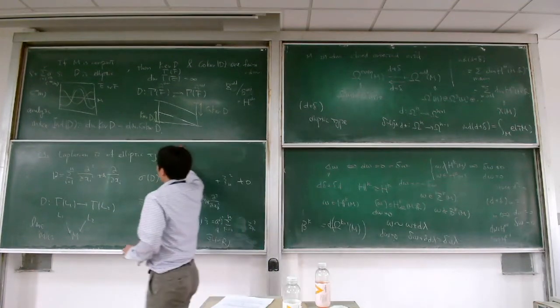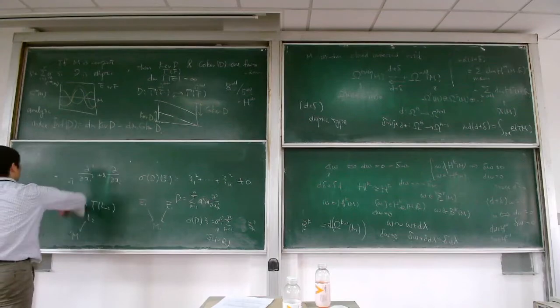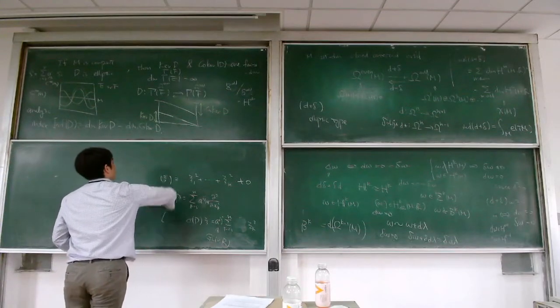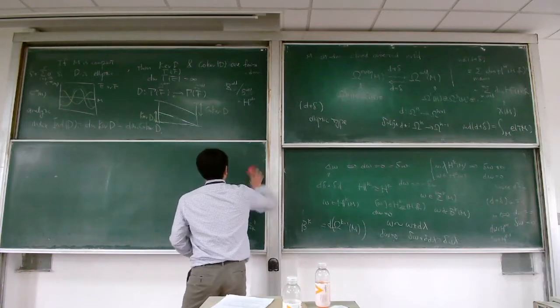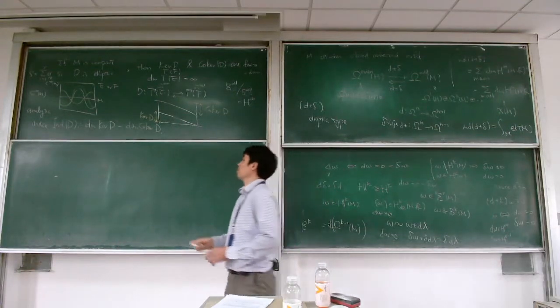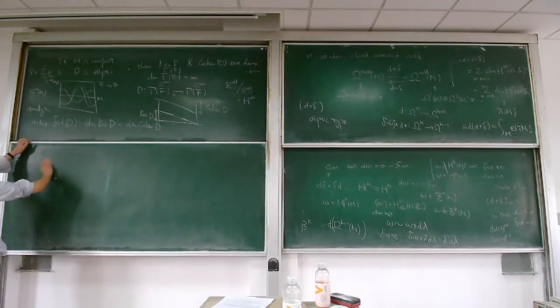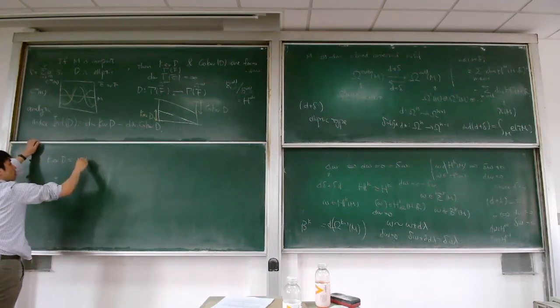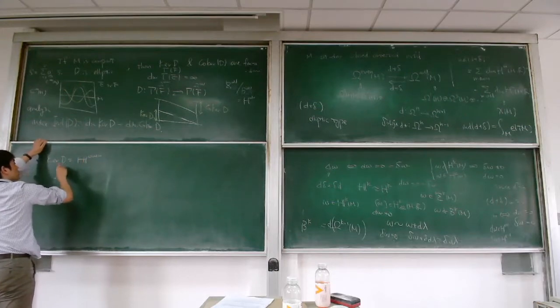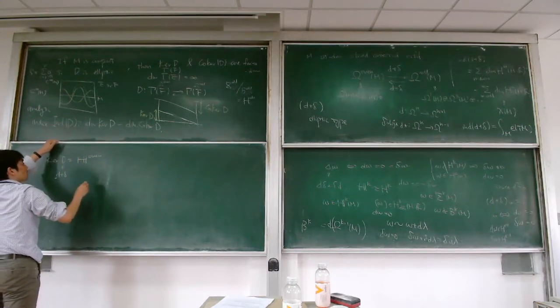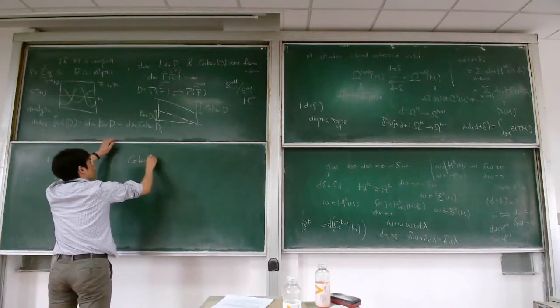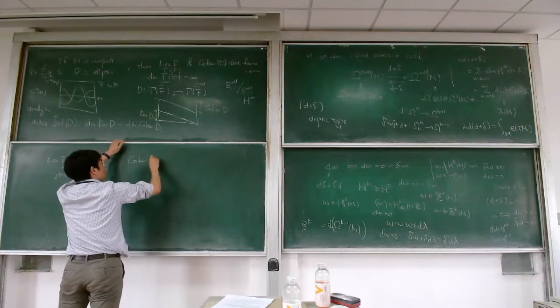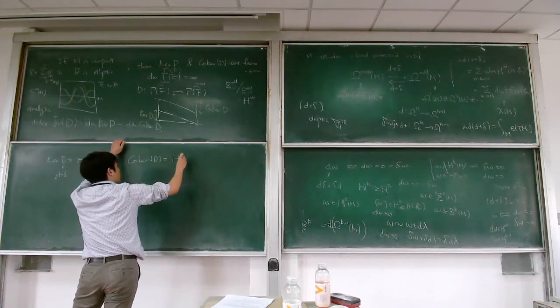The question is, so the claim is: the kernel of D is the harmonic form of even, where D is equal to D plus delta, and the cokernel of D is the harmonic form of the odd.